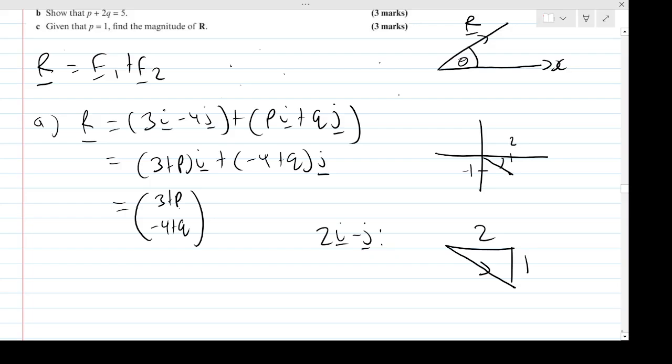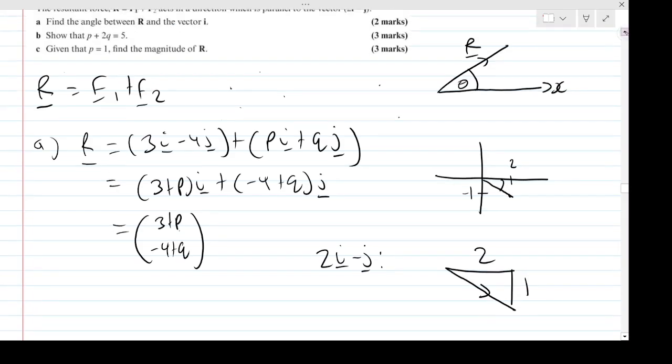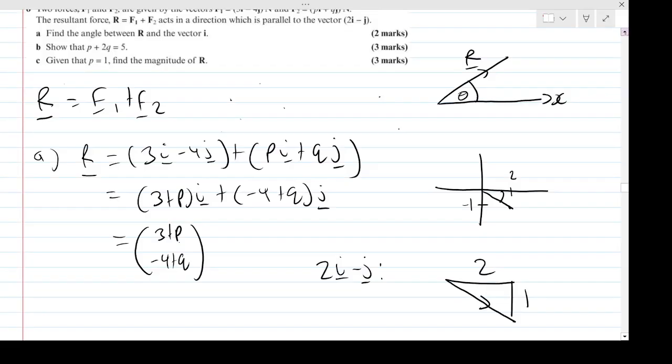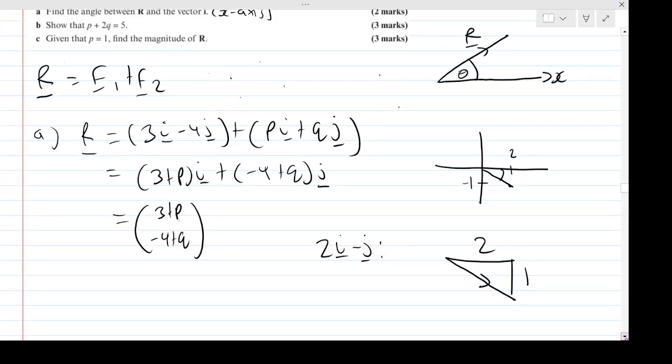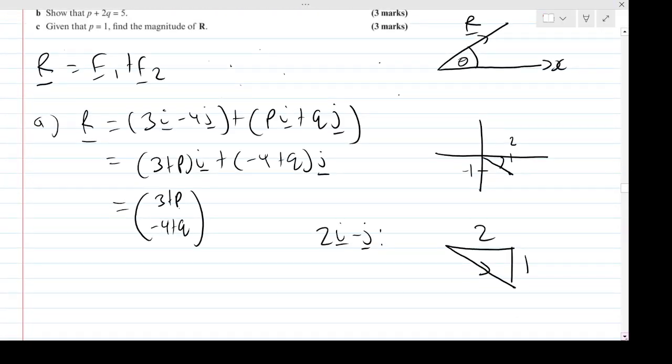So then the angle between the vector I, which is the x-axis, I'll make a note, because remember, I is all to do with the x part. So the angle between I, the x-axis, is this angle theta here. Okay, hopefully you can see that.